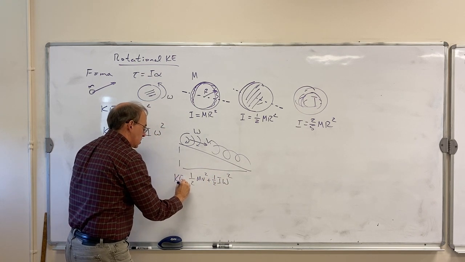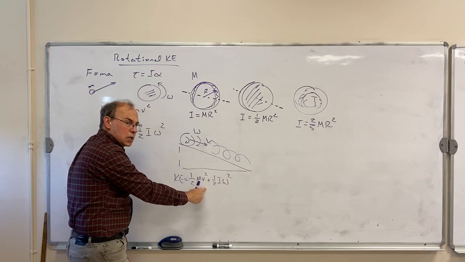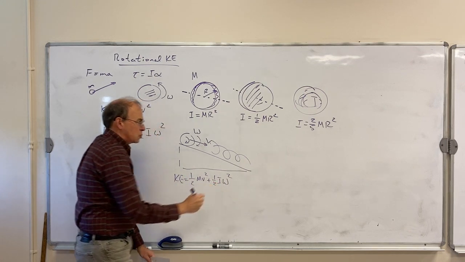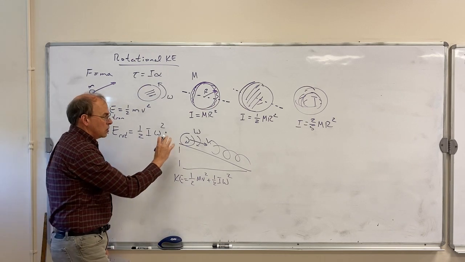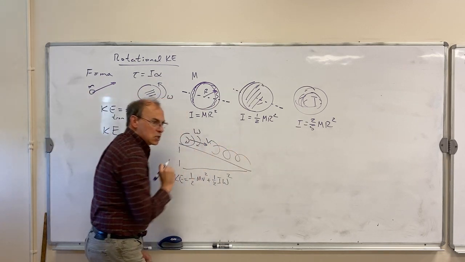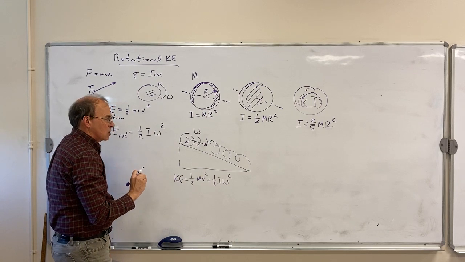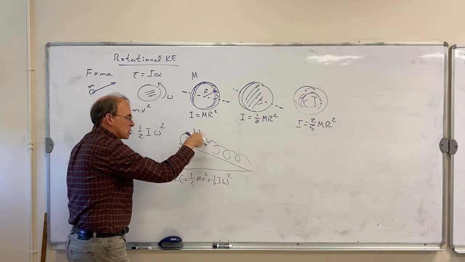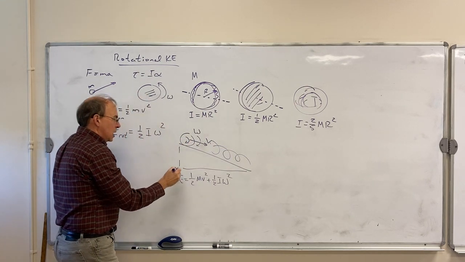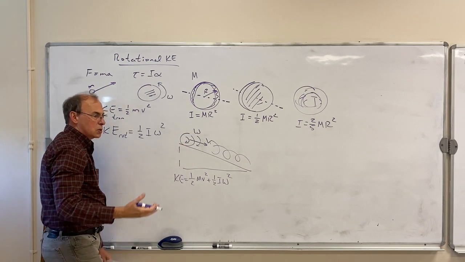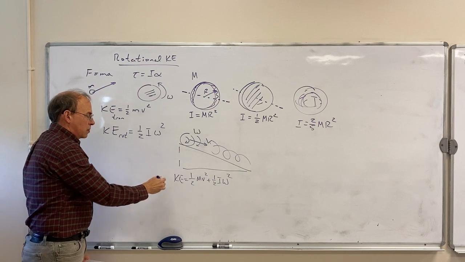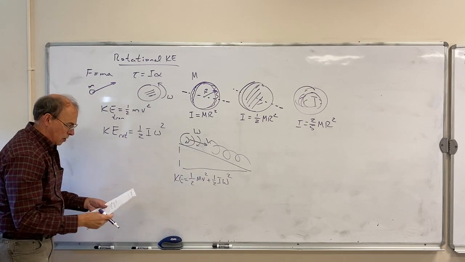Its kinetic energy would be its translational kinetic energy plus its rotational kinetic energy. You have to account for both, because it's got energy because it's moving through space, translational kinetic energy, and energy because it's spinning, it's rotating. And notice when it starts at the top of the ramp, it has gravitational potential energy as well. So we're only writing the kinetic energy there.